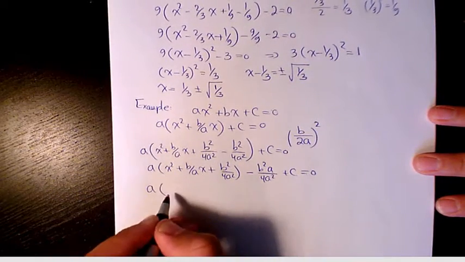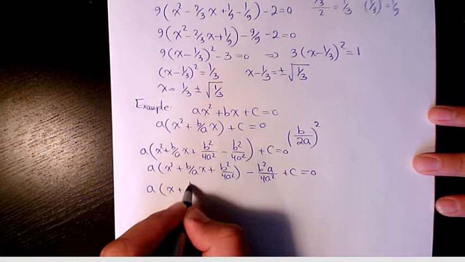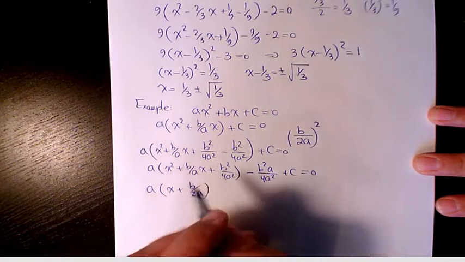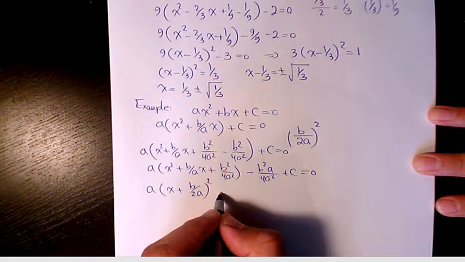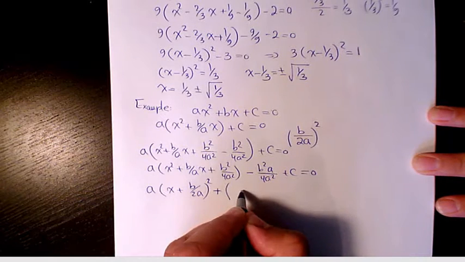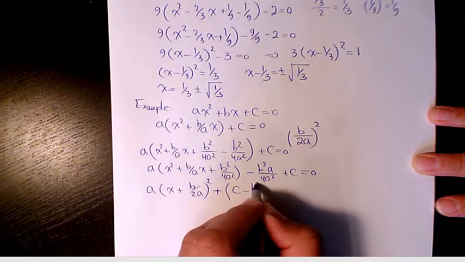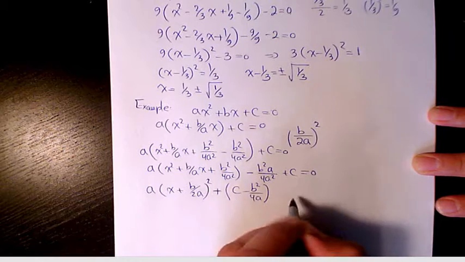Then we have a times x plus b over 2a squared, and then plus c minus b squared over 4a equals 0.